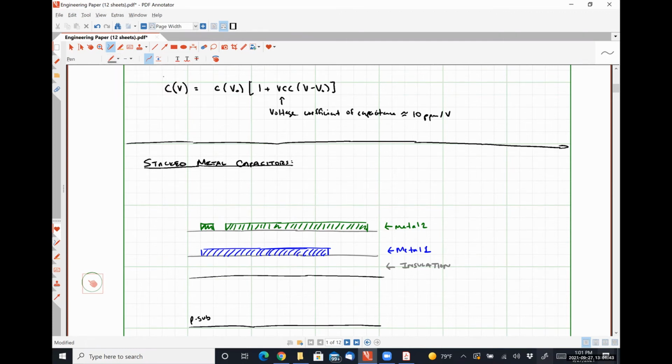And now, obviously, one layer up, I have access to metal 3. And I'm going to put another little chunk of metal 3 right here. So what I can do, let me label that as metal 3.